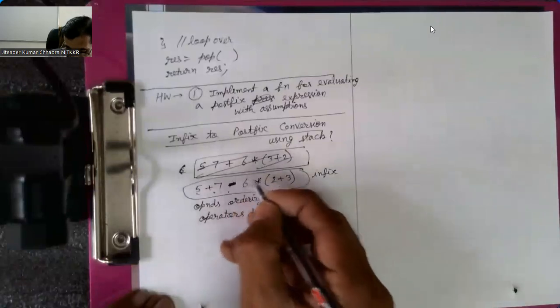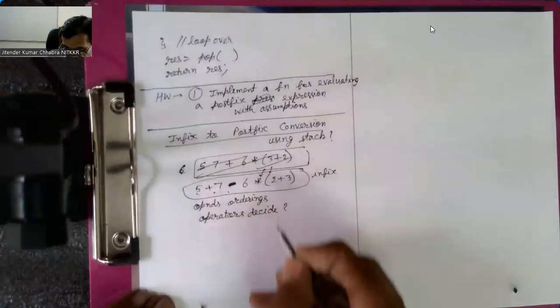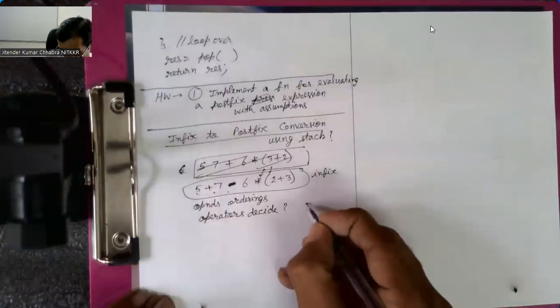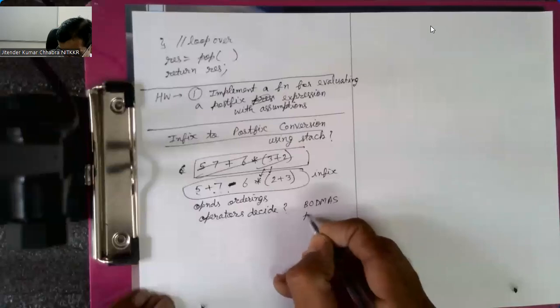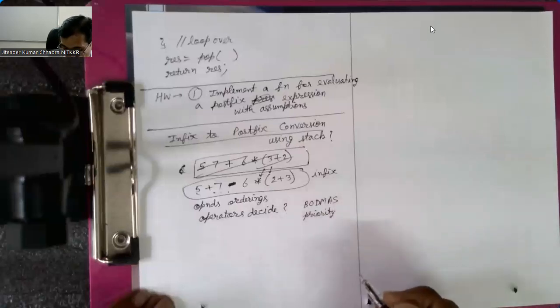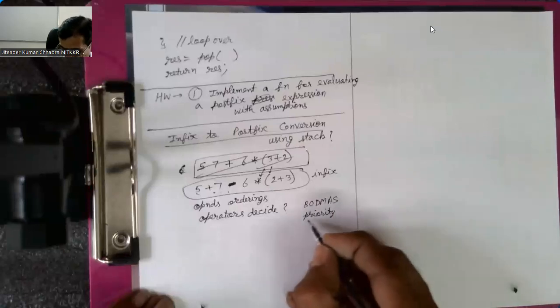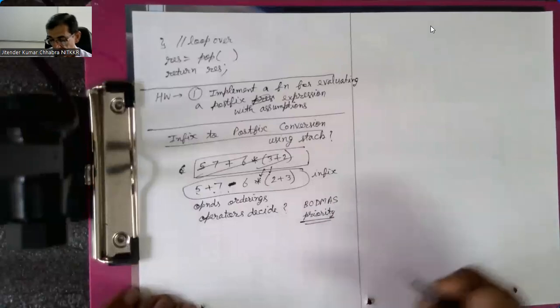For example, when a star comes, it says others have to wait. When a bracket comes, it says everybody has to wait. So the priority of operators helps me decide the corresponding precedence.